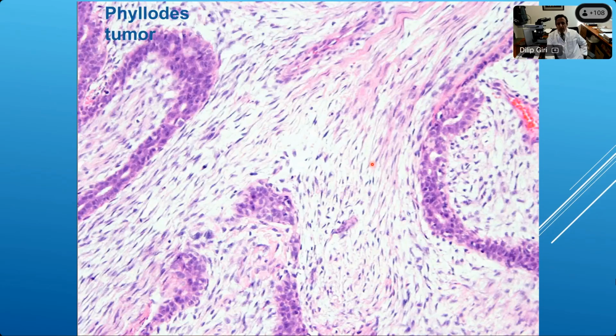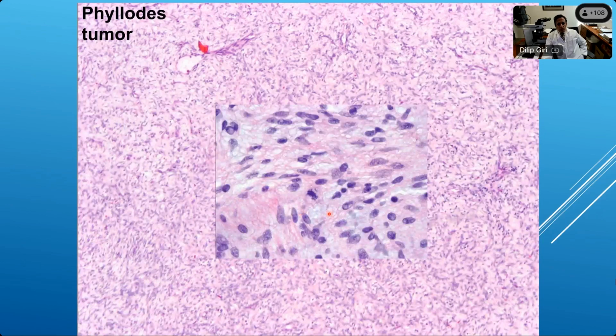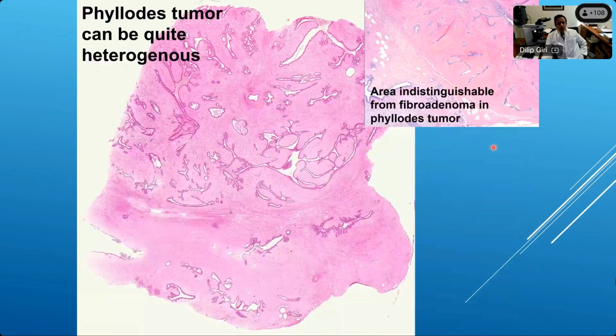The atypia can be variable, low to somewhat marked depending on the grade of the lesion. You will often see mitotic figures, so highly cellular stroma with frequently seen mitotic figures. And also, the appearance will be quite heterogeneous in contrast to fibroadenoma.